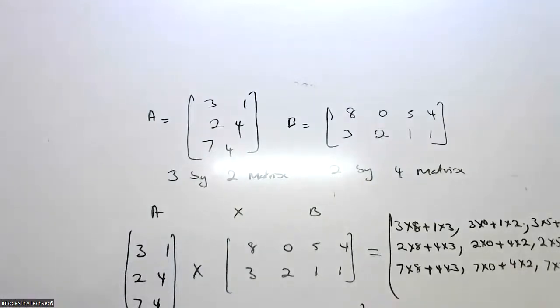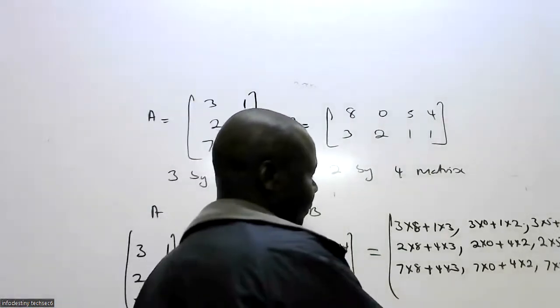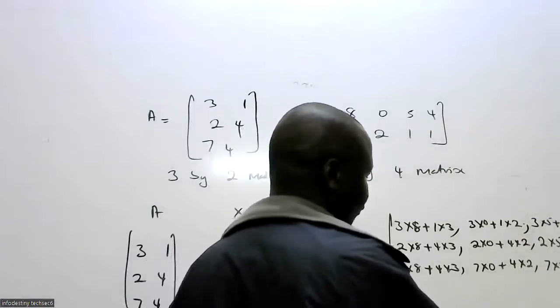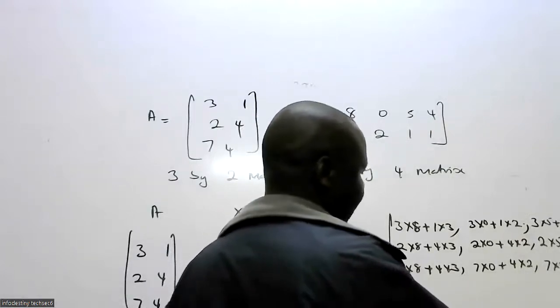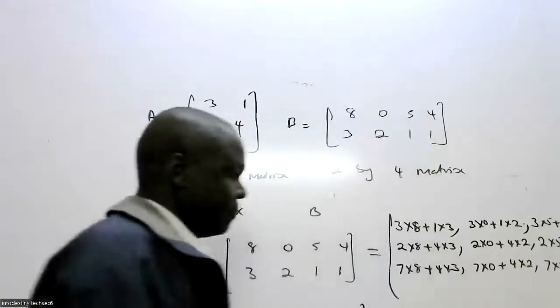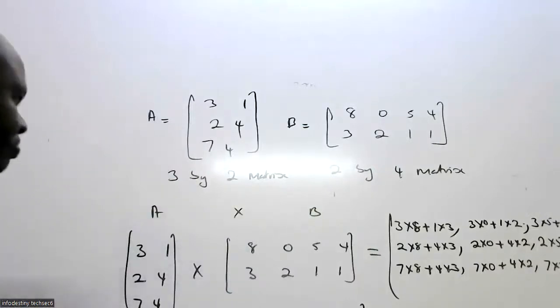Two, A times B is not equal to B times A. I hope you're getting the point.